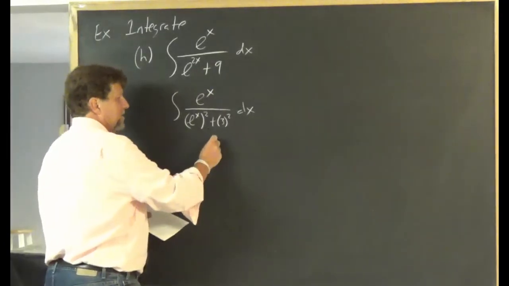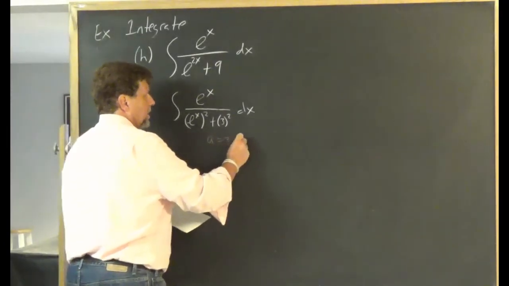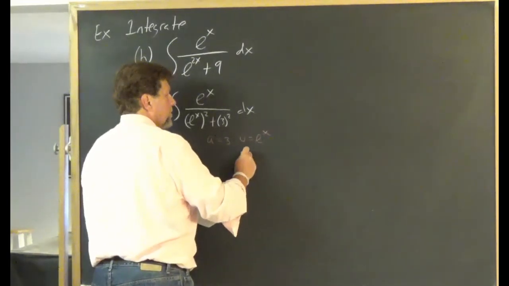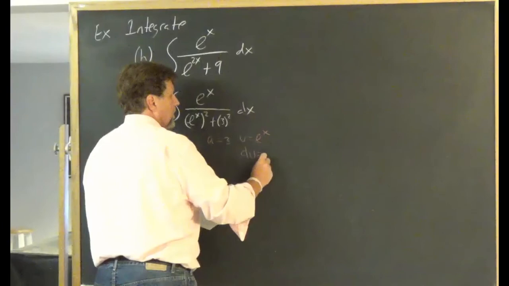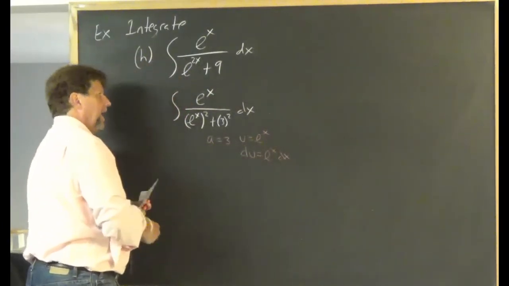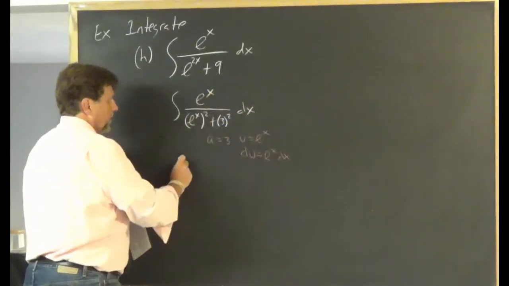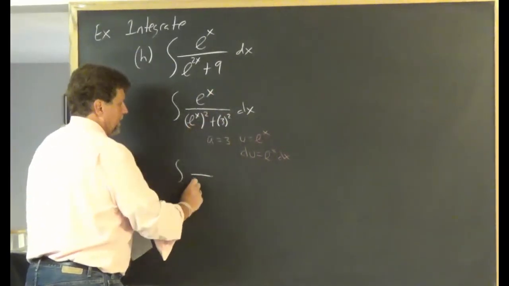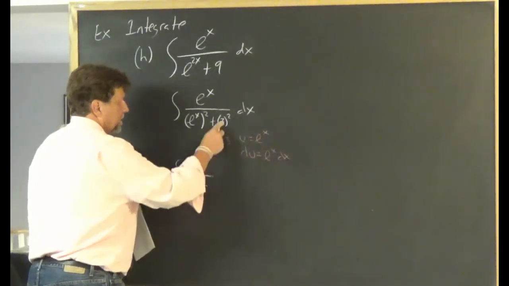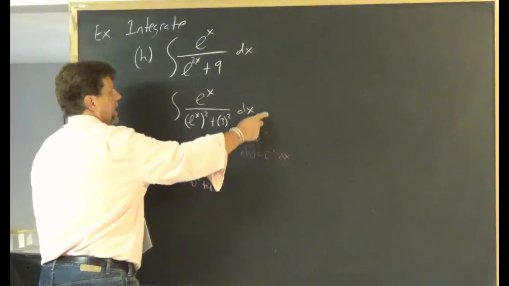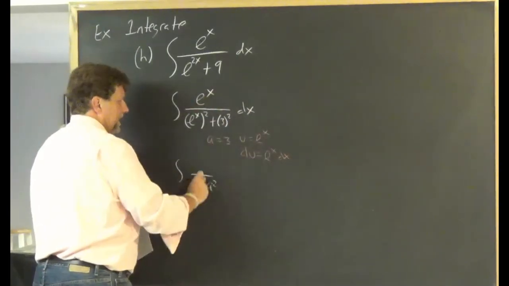I mean, a is 3, u is e to the x, which means du is e to the x dx. This integral is nothing more than a u squared in the denominator plus an a squared in the denominator. The e to the x dx is du.